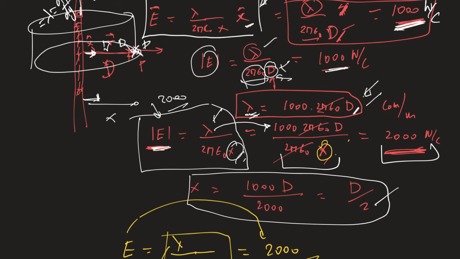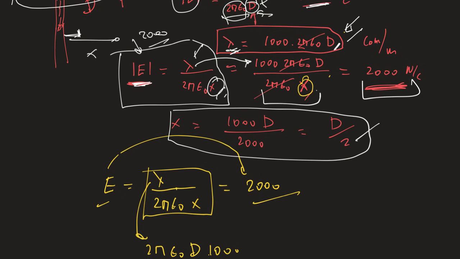When you increase the electric field to double the value, the distance decreases to half.